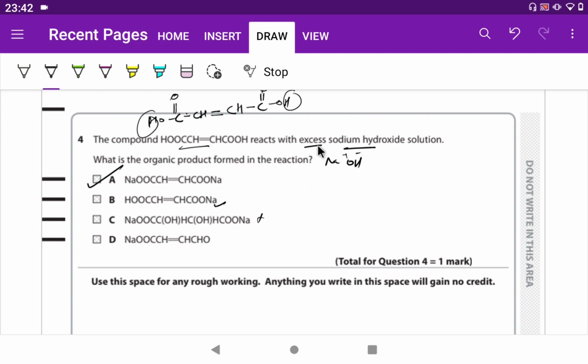But we have taken it in excess, which means it can remove all acidic hydrogens, so it can remove this hydrogen also, and this hydrogen also. So from here, hydrogens are removed and Na will be attached on both sides, so the product answer will be A.